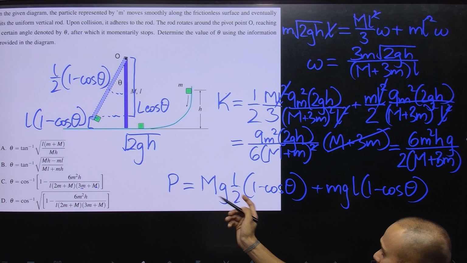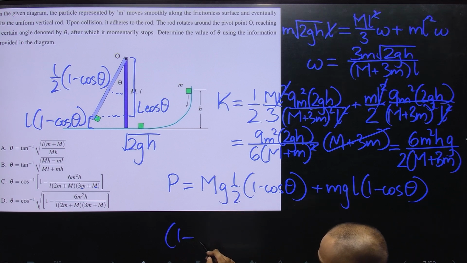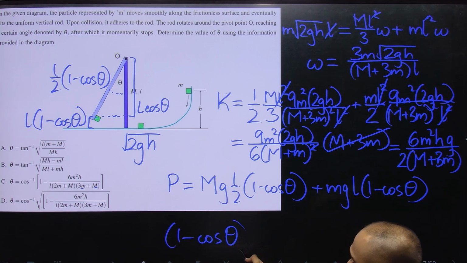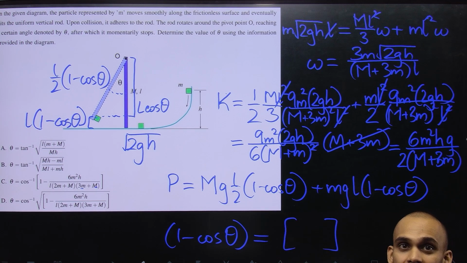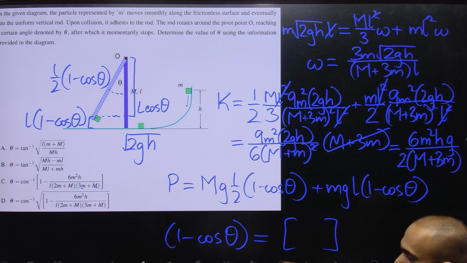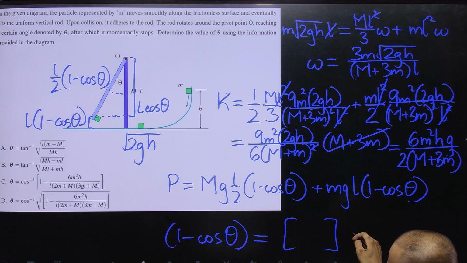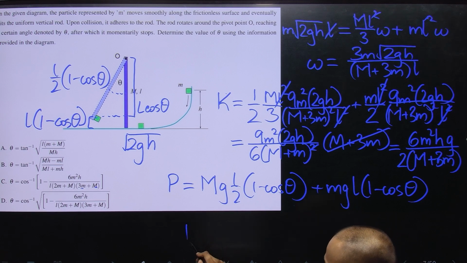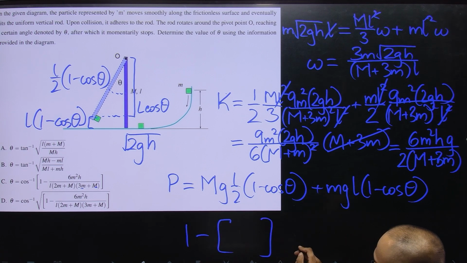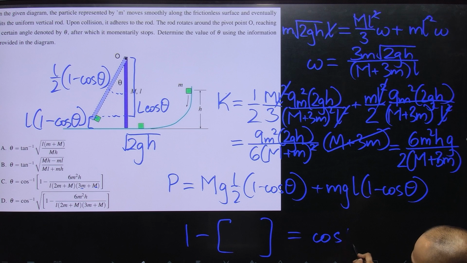We will take something common with 1 minus cos theta, and this would be equal to some big term over here. We can rearrange this equation, take cos theta on the RHS and this big term on the LHS, and we would get an answer of the form 1 minus some big bracket should be equal to cos theta, and we can then write theta equal to cos inverse of the entire LHS term.